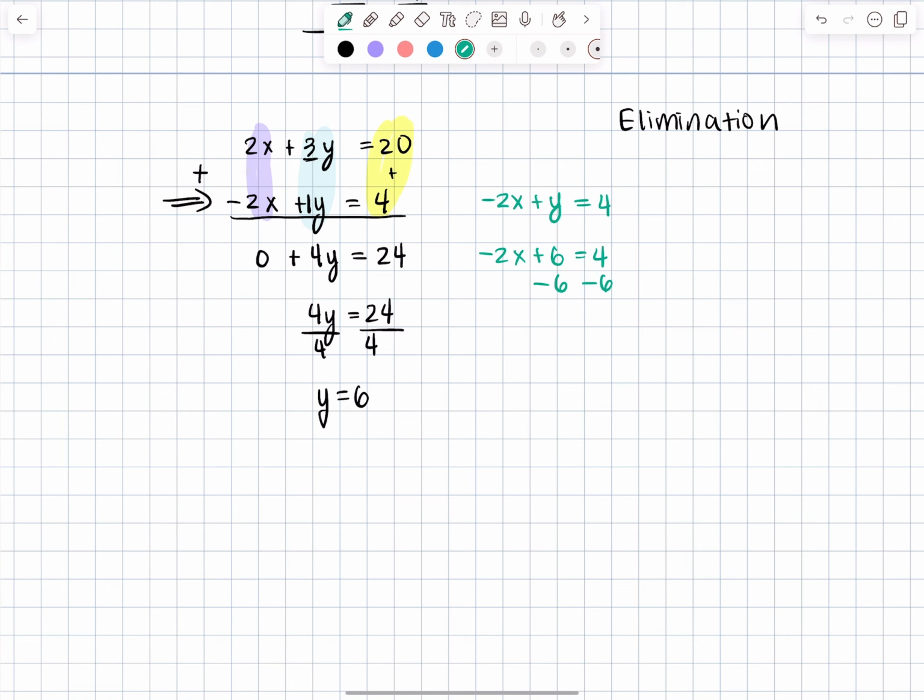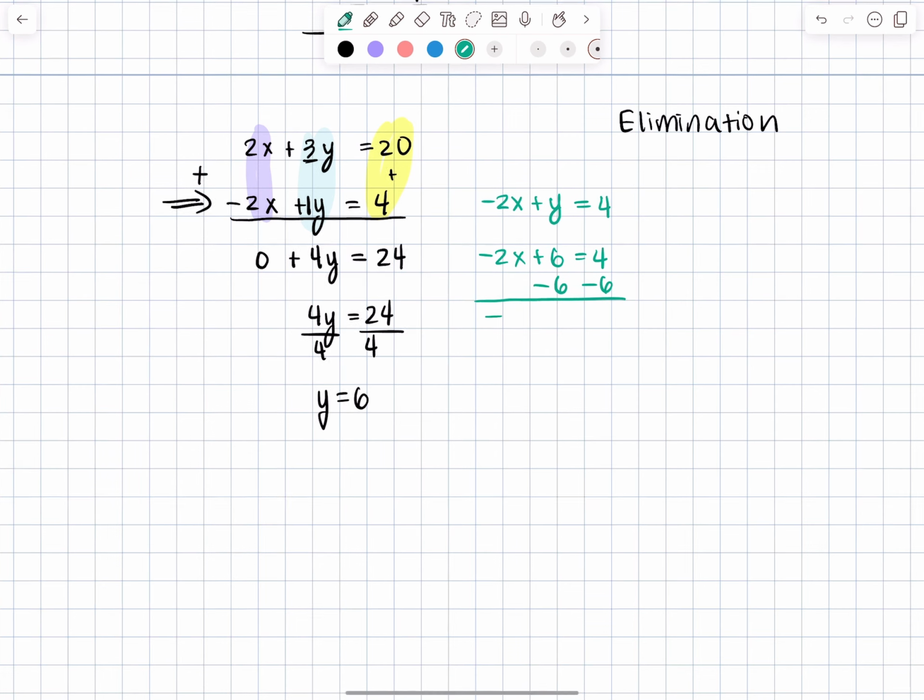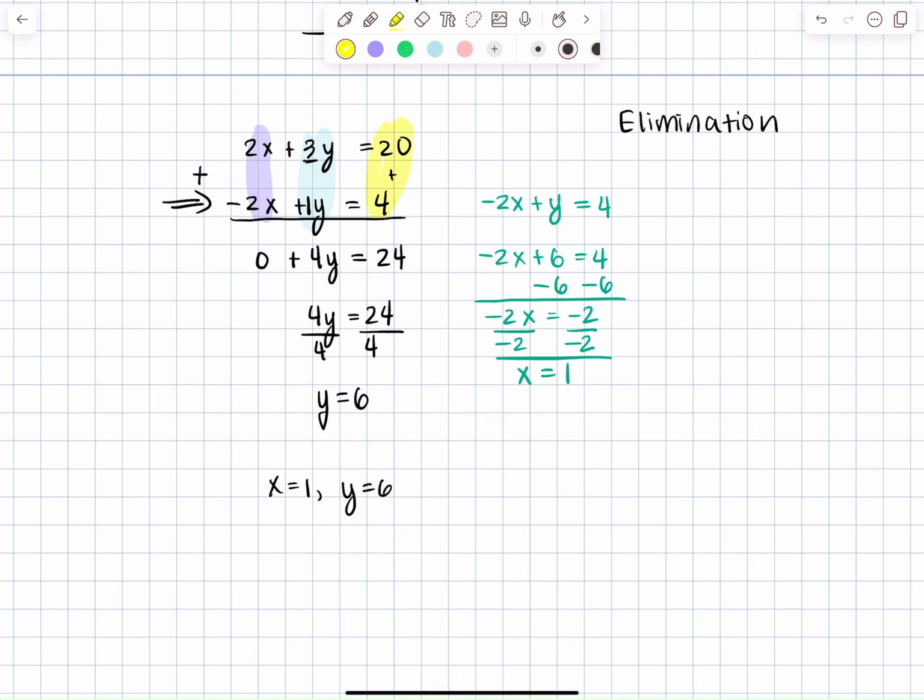Subtract 6 on both sides. We get negative 2x equals negative 2. Divide negative 2 on both sides, and we get x equals 1. So we know that x equals 1, and then y equals 6. And that is your final answer.